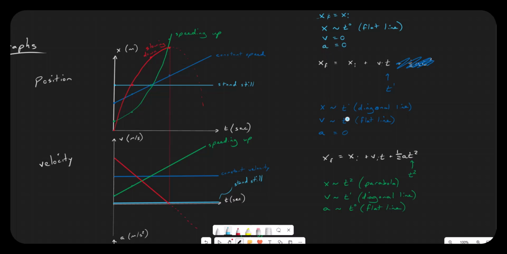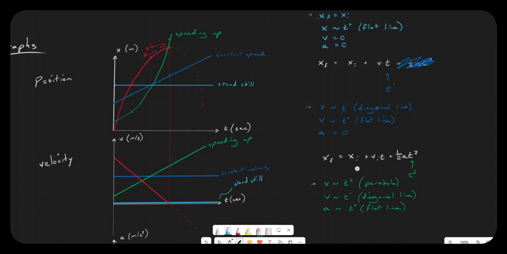So I can take the power of my highest t value, use that to be my position line, and then from there, just say minus 1 gives me my velocity power.